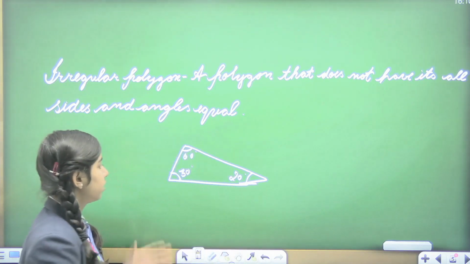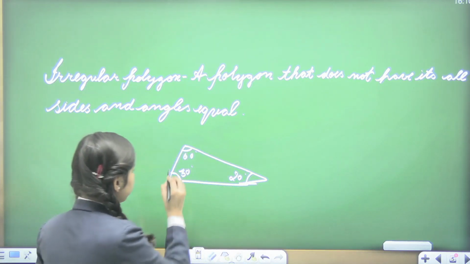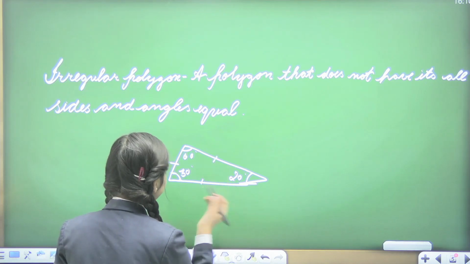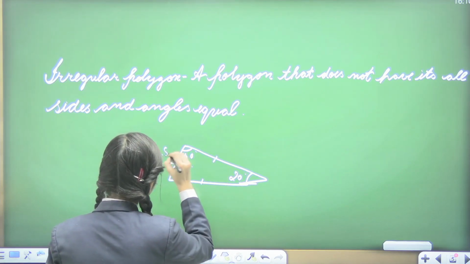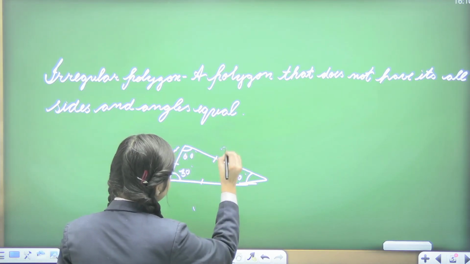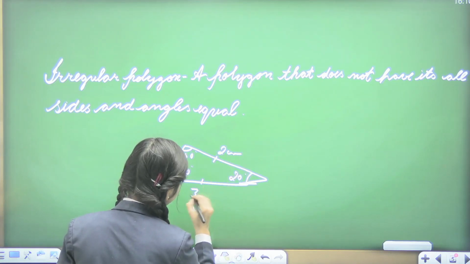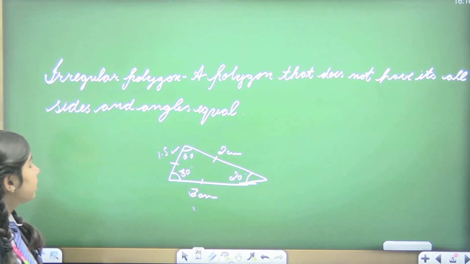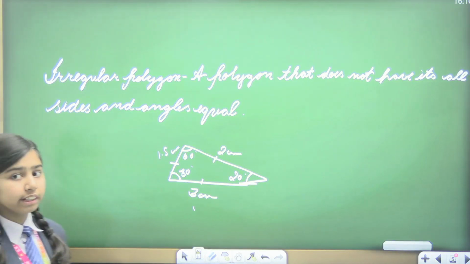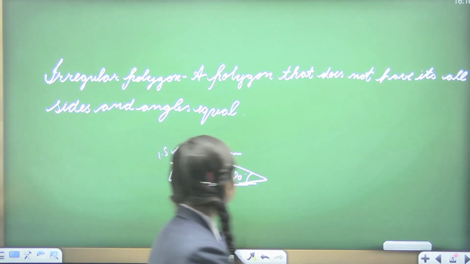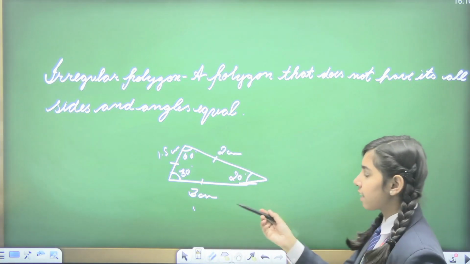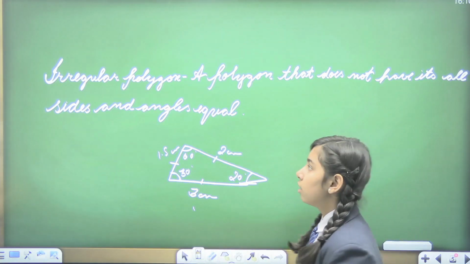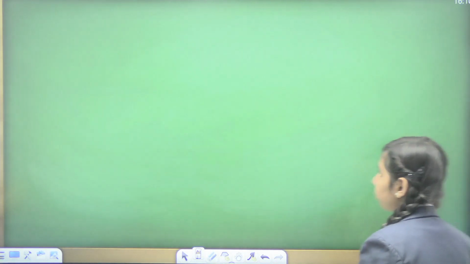Like the angles are not equal, and the sides, like we take it as 1.5 centimeter, and this one 2 centimeter, and this one 3 centimeter. So we can see it is not a regular polygon, it is an irregular polygon, because it does not have all its sides and angles equal. So that was about the polygons.